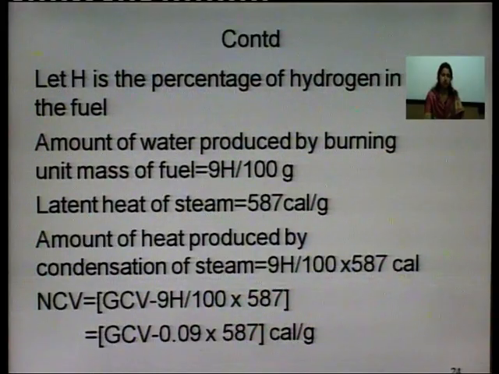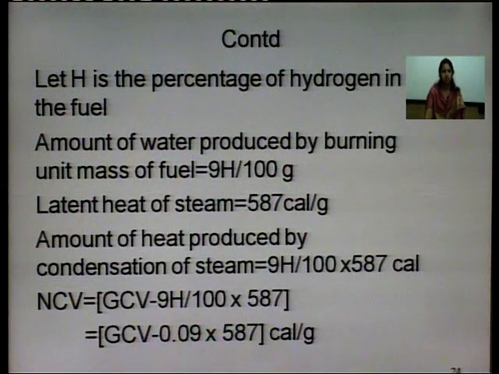What is the amount of water which has been produced during burning unit mass of fuel? This is 9H over 100. So, the total amount of heat which has been produced is 9H over 100 into 587 calorie.